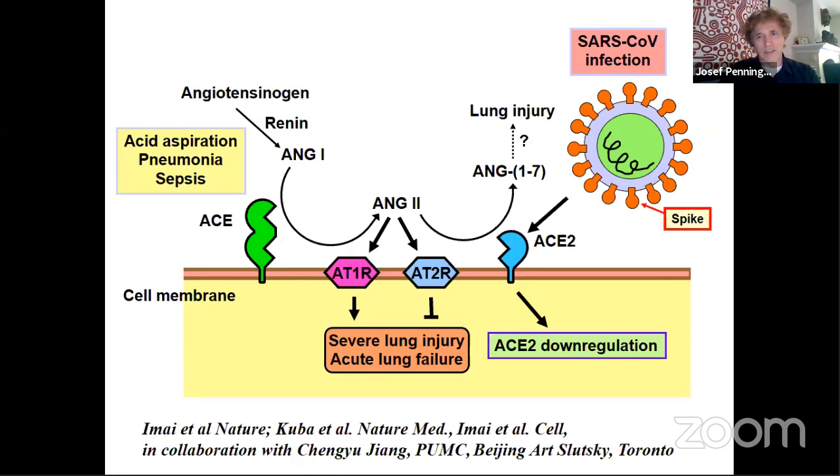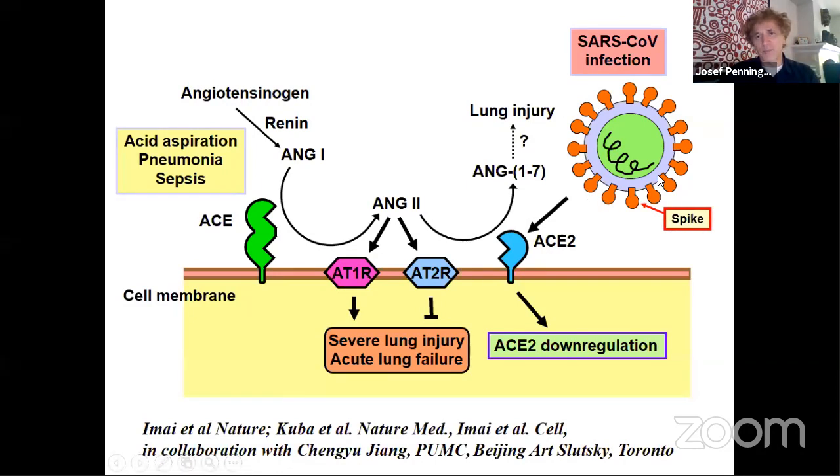This triggers Ang2 production, and via the AT1 receptor, because we did all the genetic mapping, the blood vessels open and there's severe lung injury. So this pathway gets turned on and contributes to the severity of lung injury. ACE2 is the good guy in the system because it gets rid of Ang2, and if we knock out ACE2, the disease gets much worse.